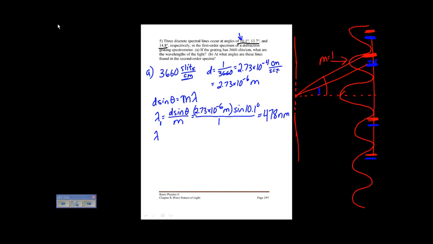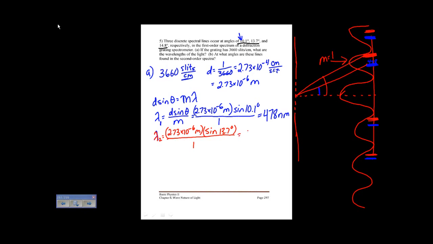And then I can do lambda 2, and it's equal to d sine theta over m, which is going to be 2.73 times 10 to the minus 6 meters, sine of 13.7, my next angle, divided by 1.